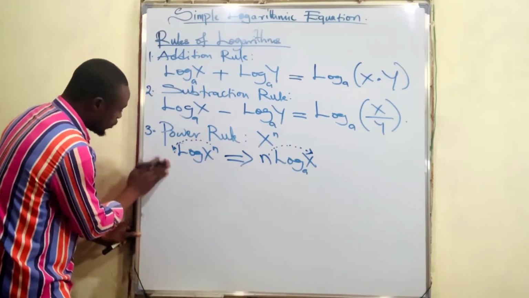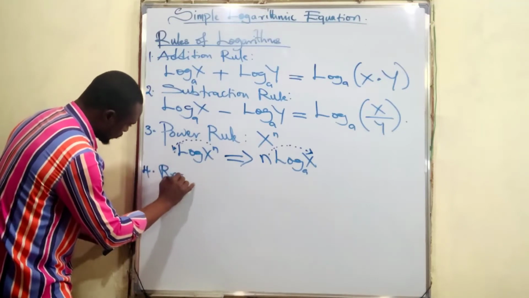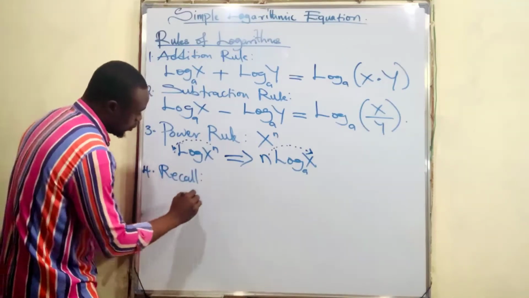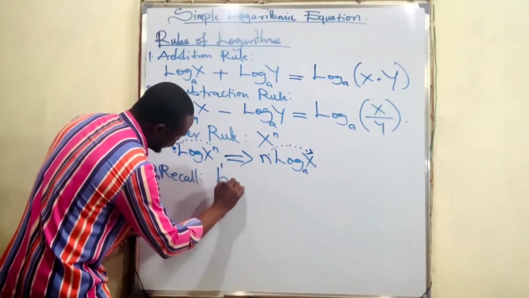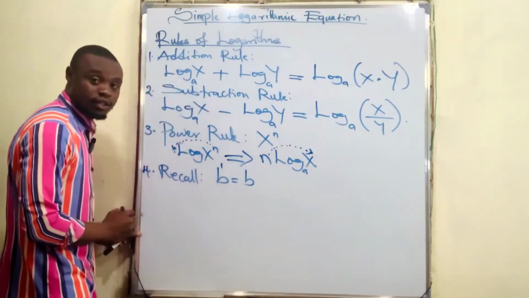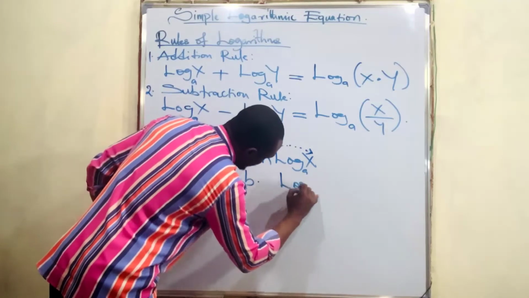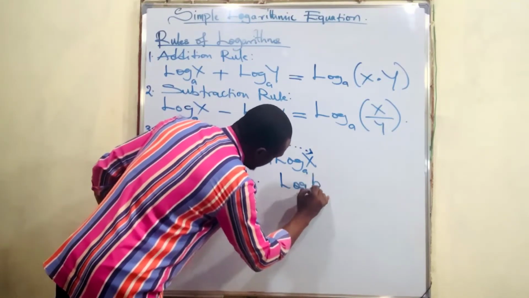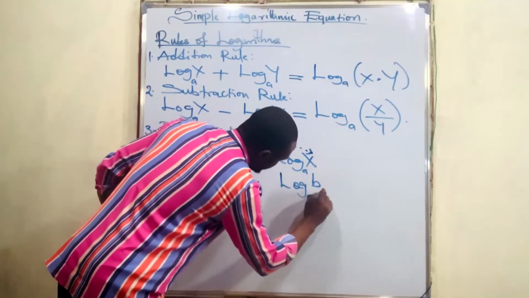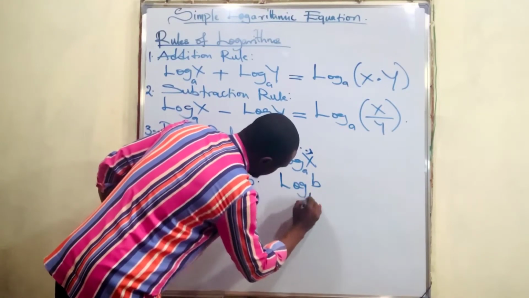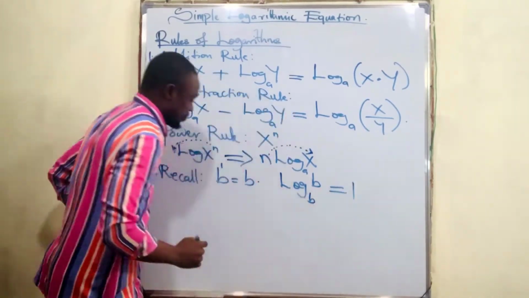So the fourth rule. If you recall that b raised to the power of 1 is equal to b, then in log, we have the log of b base b is equal to 1.